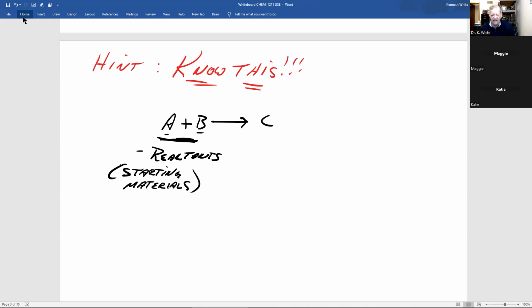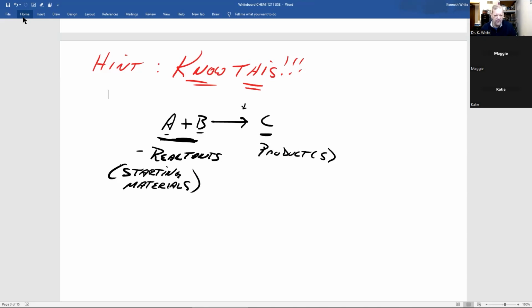Now at the head of the arrow, see the head of the arrow? Whatever you have there are the product or products, if you have more than one. And I'll put an S in brackets because you could have C plus D or whatever. You can make more than one product.